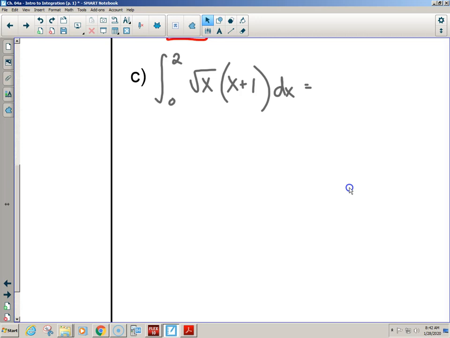You guys hearing that you have to distribute or else you're not going to be able to solve it? When you multiply, it's the same.